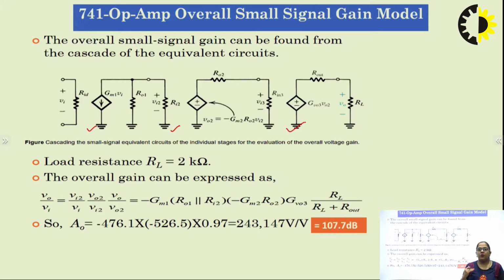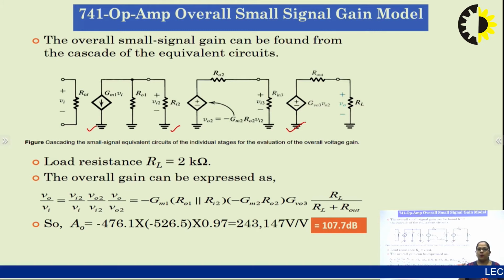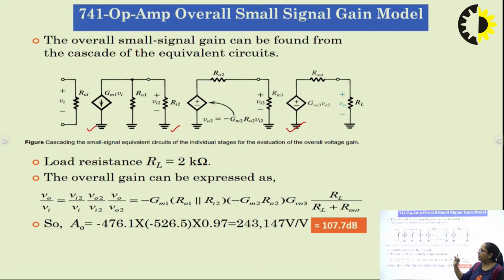So, if we want to find out the overall gain of the op-amp IC 741, we can cascade these three stages. After cascading these three stages, with the help of their equivalent small signal models, we will get the overall small signal gain model of op-amp IC 741. Here, if we look at this circuit diagram, first we have the differential input resistance, then the transconductance of the input stage, then the output resistance of the input stage.